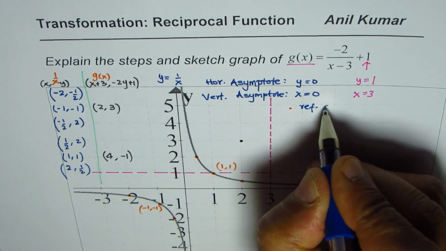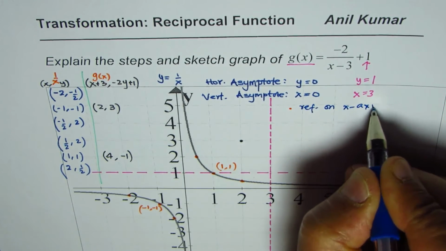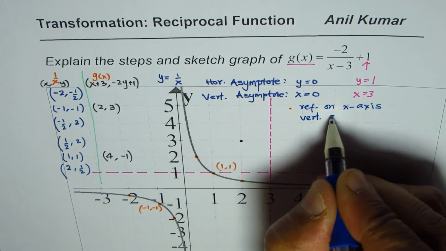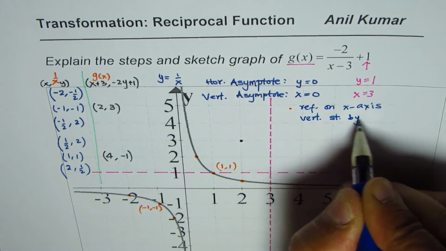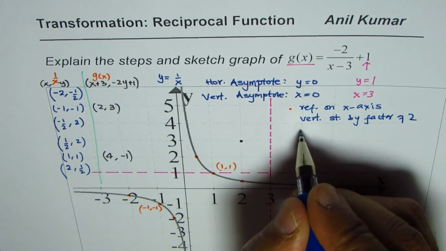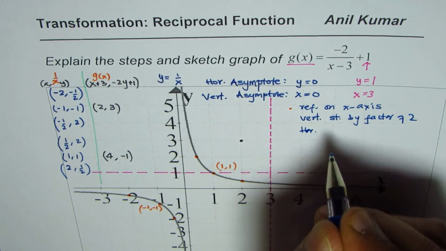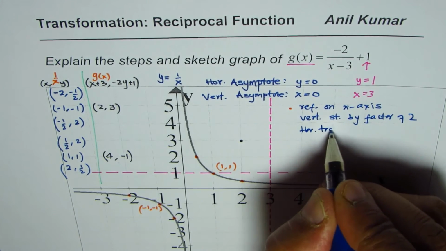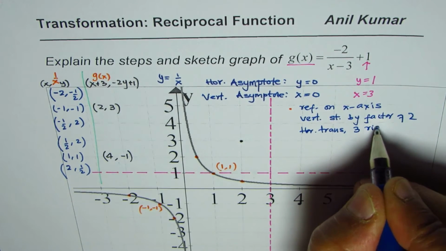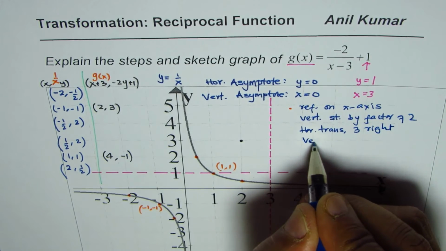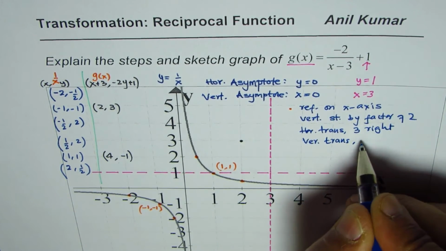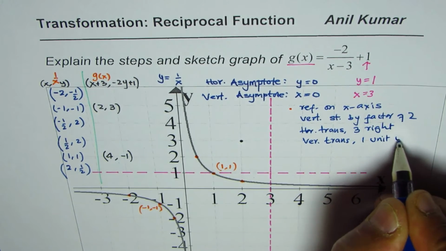reflection on x-axis, and then we have vertical stretch by a factor of 2, horizontal translation 3 units right, and vertical translation 1 unit up, right?